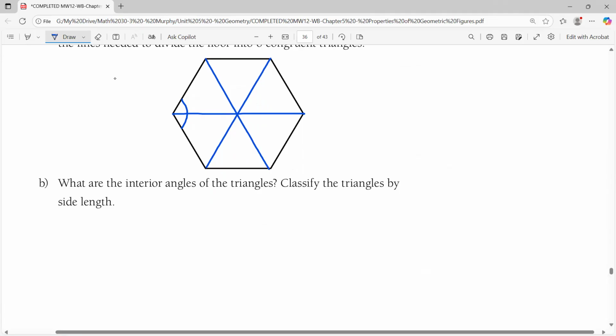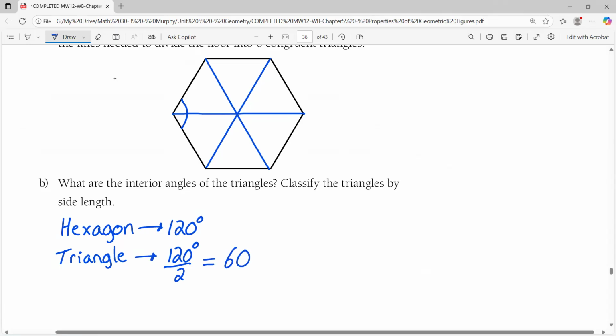Okay, so for the hexagon, it's going to come out to 120. So then the triangle would be 120 divided by 2.